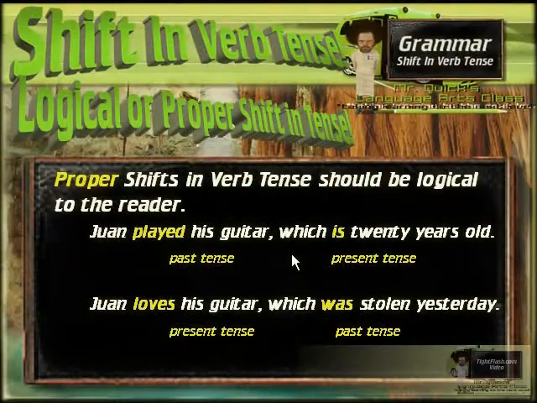It was stolen yesterday. So Juan is loving it in the present here. And although it was stolen in the past, he still loves it. Of course, it would be nice if we stopped loving something when it was stolen. It might make it a little easier for us to get over it. But that's just not reality. So this verb tense is doing really good right here.